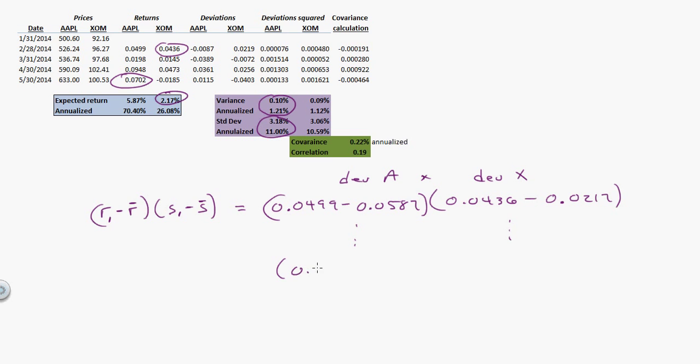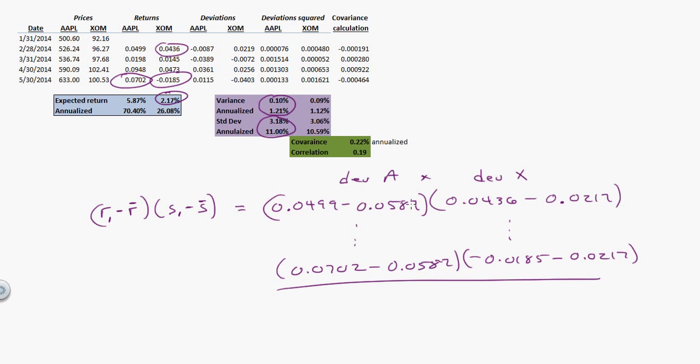This would be 0.0702 minus 0.0587 times this number right here minus 0.0185 and subtract 0.0217.